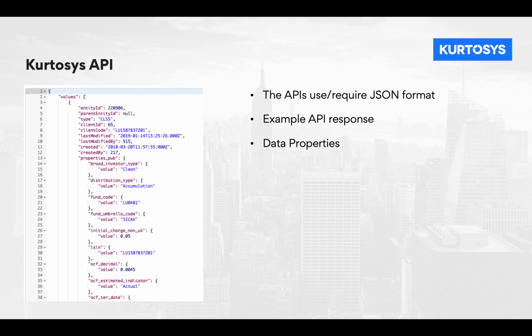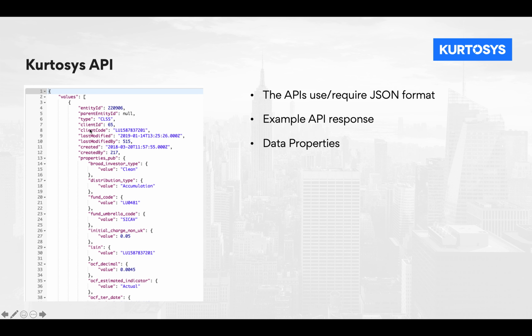This is an example of how the API requires the information to be in. If you look at this here, you can see the values: entity ID, type class, so this is share class data, client code, this would be the unique identifier.